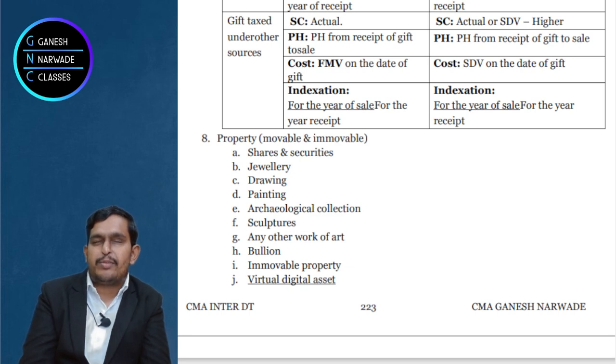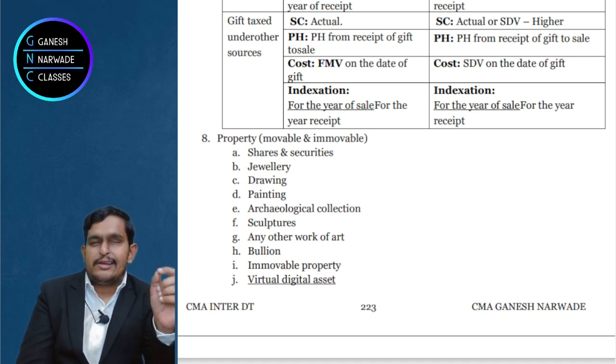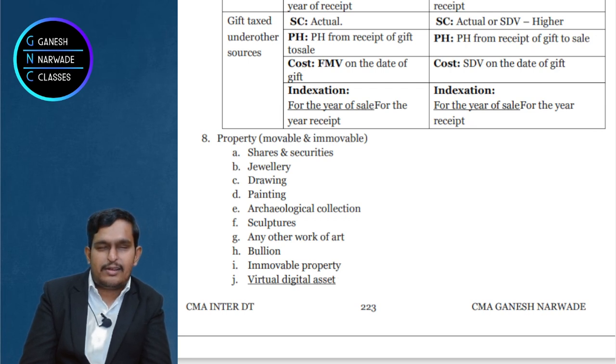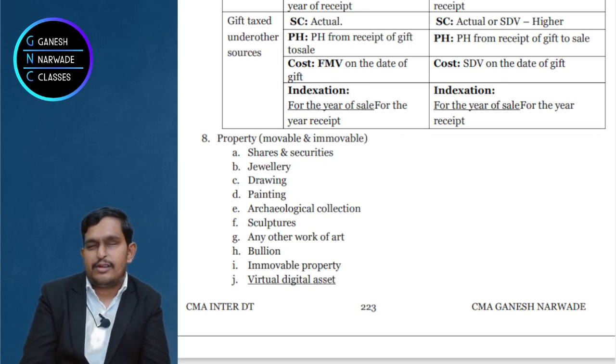Then the cost to the previous owner would have been your cost. That's it. Clear? So cost changes. If you pay tax under other sources, stamp duty value is your cost. If you did not pay tax under other sources, then the cost to the previous owner will be your cost. Suppose there is one more case where you paid inadequate consideration but were not taxed under other sources. Then whatever you actually paid will become your cost.